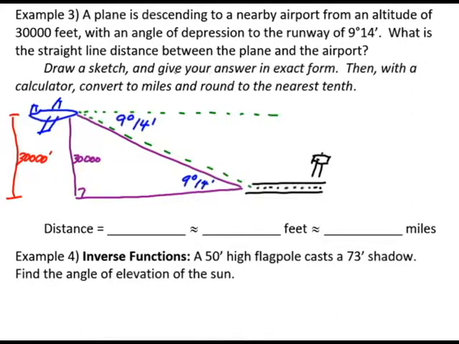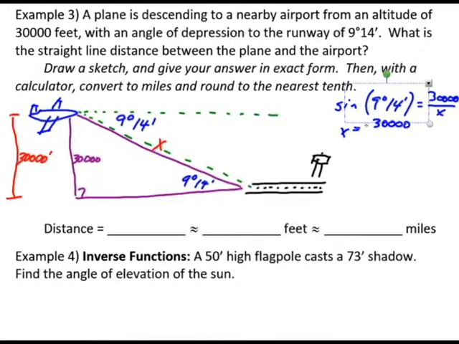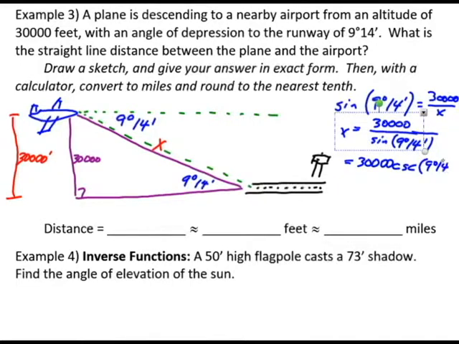Notice also our unknown is the straight line distance from the plane to the airport. Straight line distance is from the plane directly to the runway. That affects the trig function that we're going to use. We'll need to use sine. This is our exact form answer.